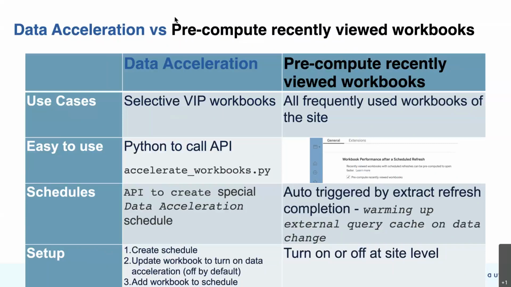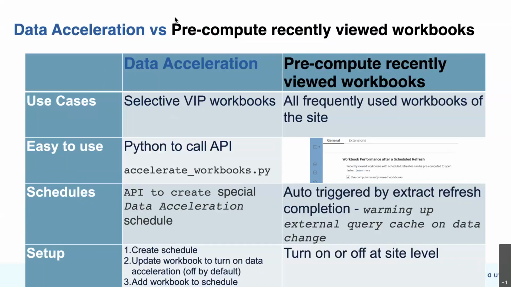That's why it's not available by default, and we have to make it happen as admin using Python. I believe behind the scenes it is the same cache warm up technology, but it's just not available on the UI. Someone from dev was keen enough to design this Python that can make it happen for us, using the API to call the special scheduler.